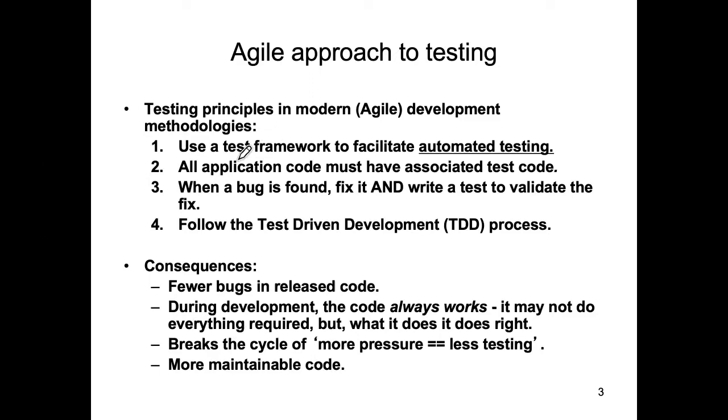Number two, an application's code must have a set of associated tests. Essentially, for each piece of code that you write, there should be a corresponding test that you have written as well. What this really means at the end of the day is that you've got two sets of code that you as a developer will be making. You're going to be writing your application code, and you're also going to be writing test code.